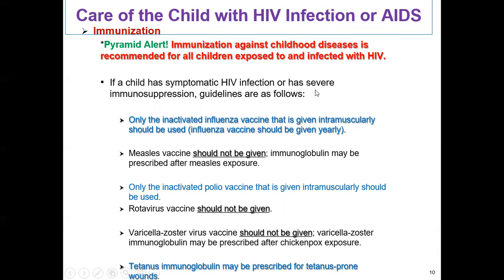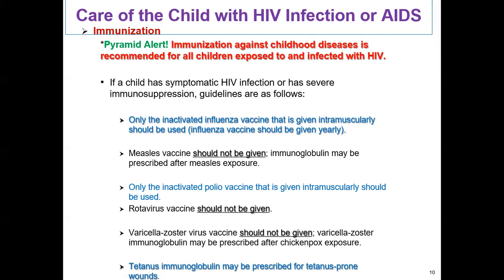If a child has a symptomatic HIV infection or has a severe immunosuppression, we follow the guidelines: only the inactivated influenza vaccine that is given intramuscularly should be used. So the influenza vaccine should be given yearly, but the measles vaccine should not be given.